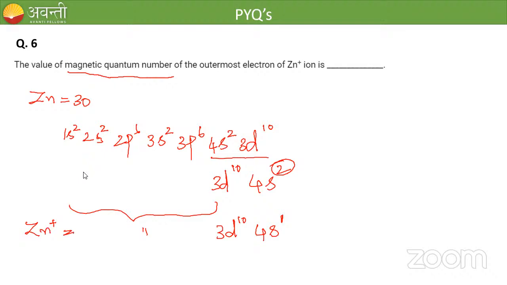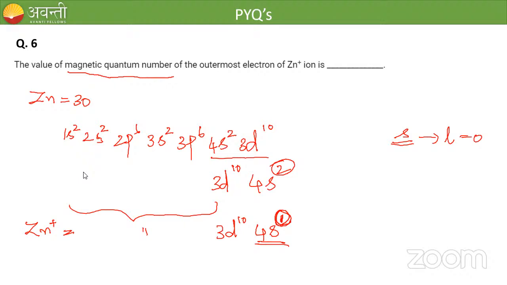We are going to talk about this one electron. What is the magnetic quantum number value for the 4s electron? Since this orbital belongs to s, for s orbital, the L value will be equal to 0. What is L here?